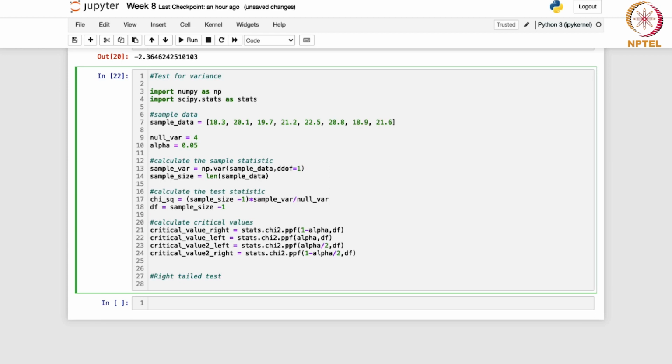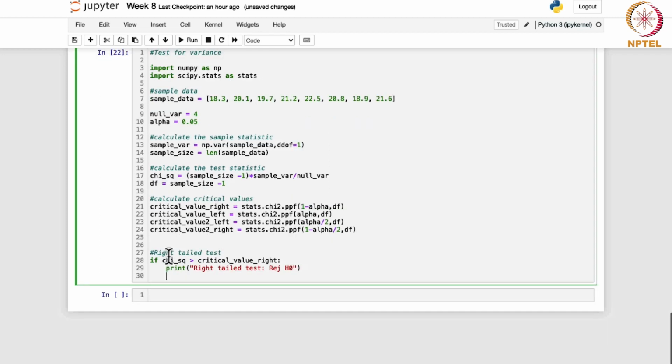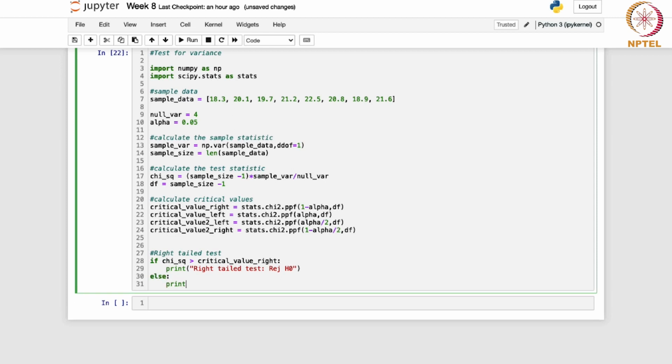So for the right tail test, we check the condition that if chi-squared value, if this chi-square is greater than critical value underscore right, you will print right tail test, reject H naught, else you will print that you fail to reject the null hypothesis.